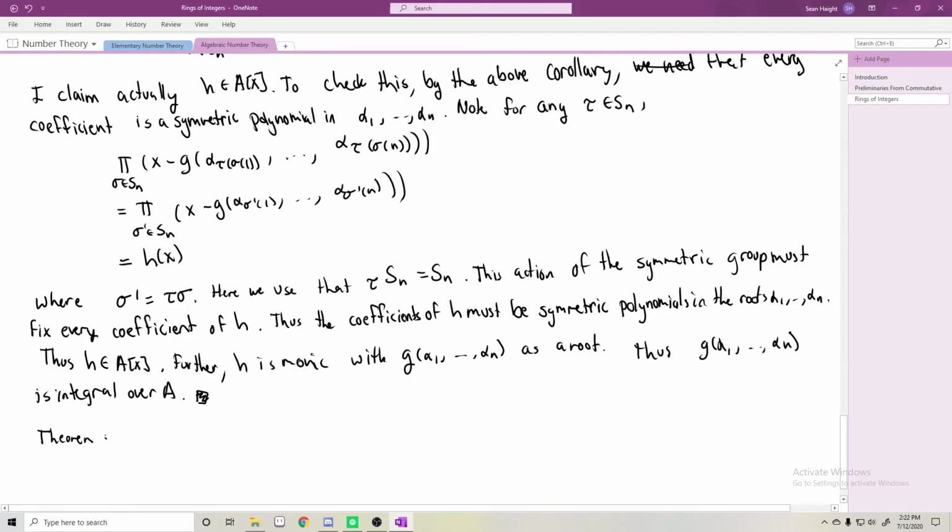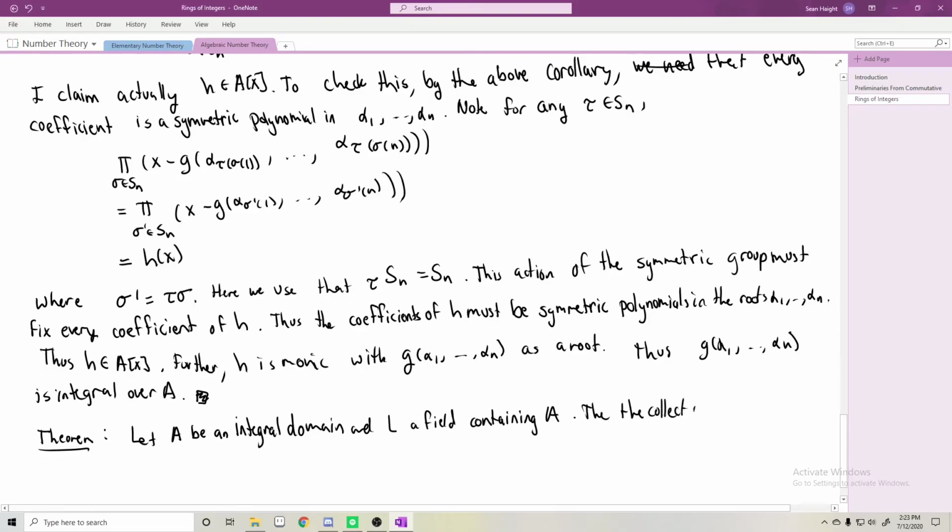Theorem: let A be an integral domain and L a field containing A. Then the collection of elements of L integral over A form a ring.